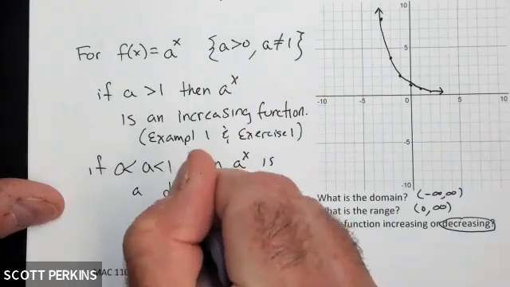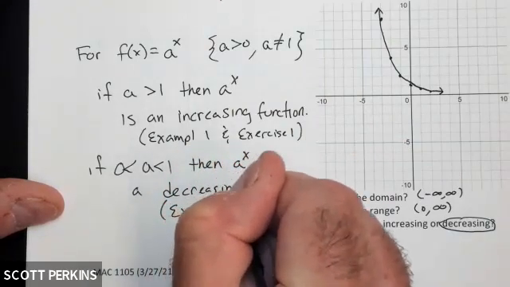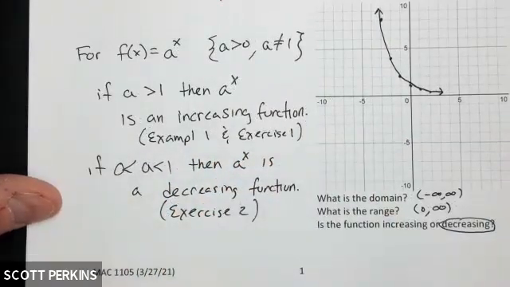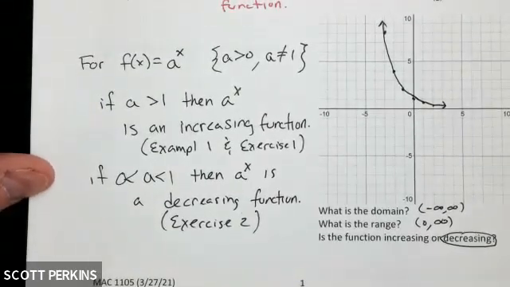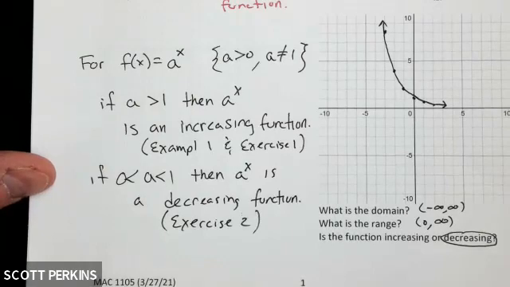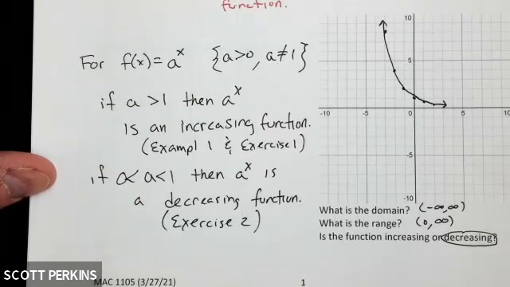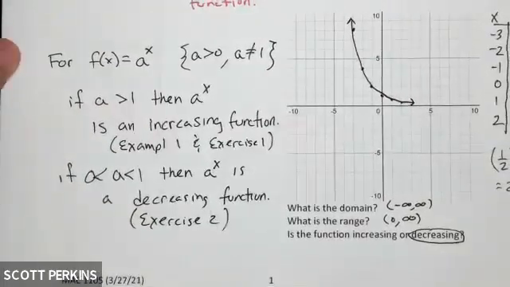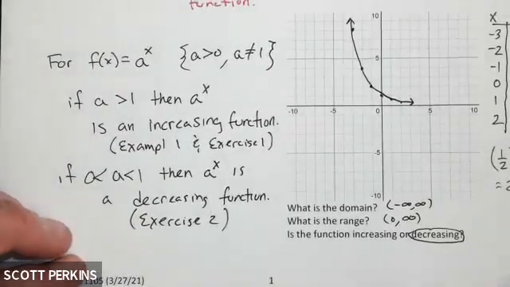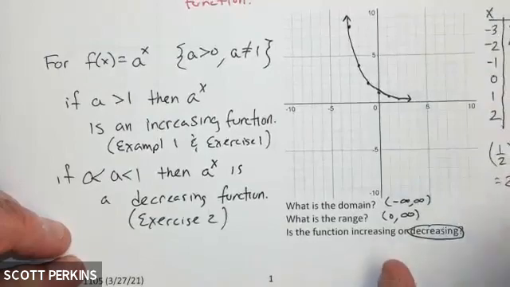And that is exercise 2. Called decay. A great example of that is radioactivity. If you've taken any sort of science or physical science or chemistry, that occurs there. There are other examples I could name, but if you take enough science classes or business classes, you will encounter these functions for sure.